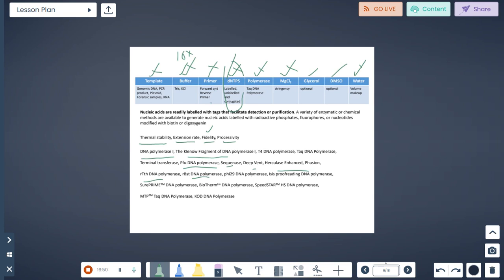So like that you have a lot of variations. You can go through the enzyme properties and decide whether you need high fidelity or a long PCR product, and choose what DNA polymerase to use in the PCR reaction.